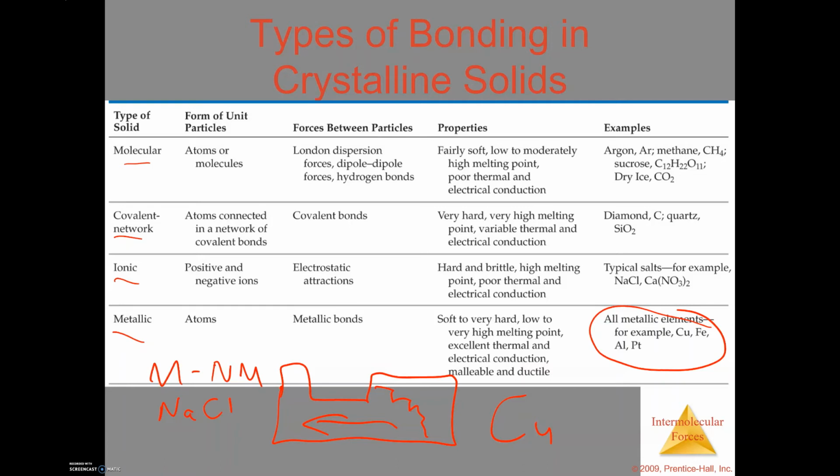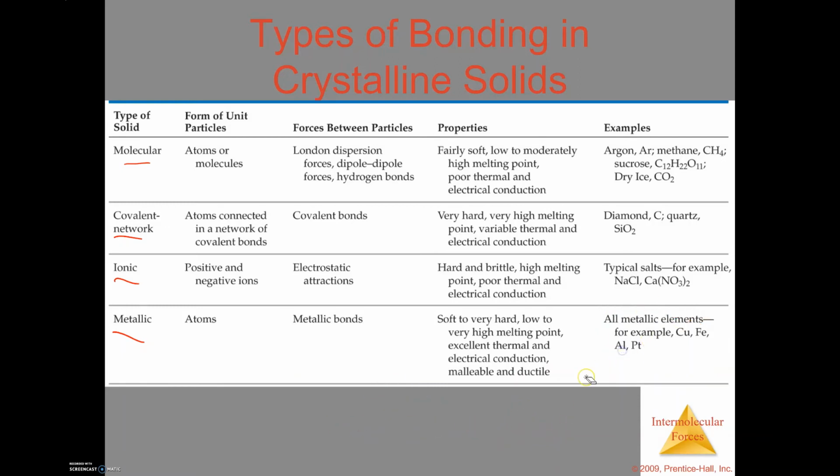Now, the other two that we see here, covalent and molecular, are a little bit more of a challenge to determine, and it's all a matter of understanding the difference between molecular and covalent. What I like to think about is hard versus soft. If I hit you with a block of ice, it's going to hurt because it's hard.